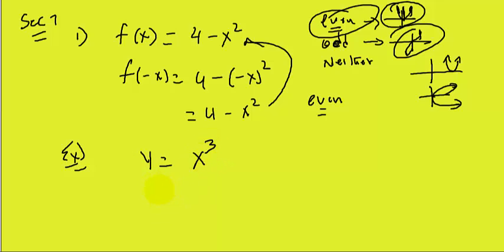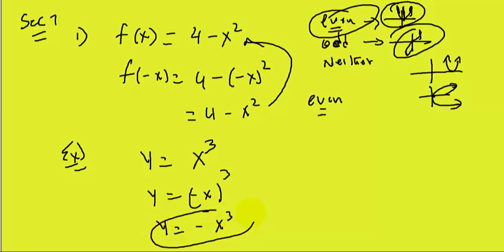This time we're going to replace x with negative x, and if it turns out to be the opposite of what it is, then it's odd. So this gives you negative x to the third, which is the exact opposite of this, so it's an odd function.